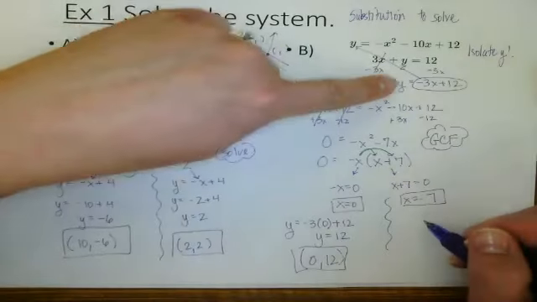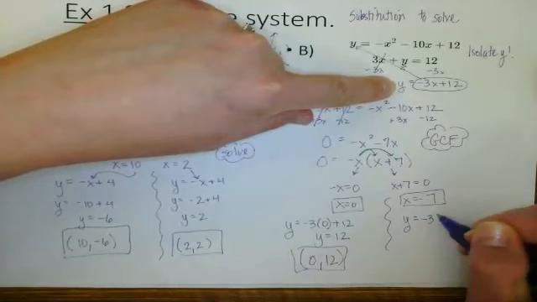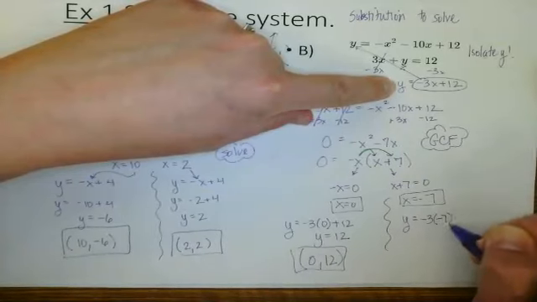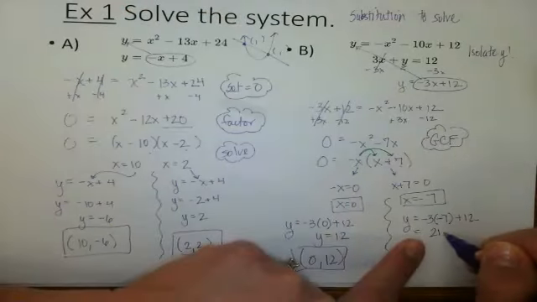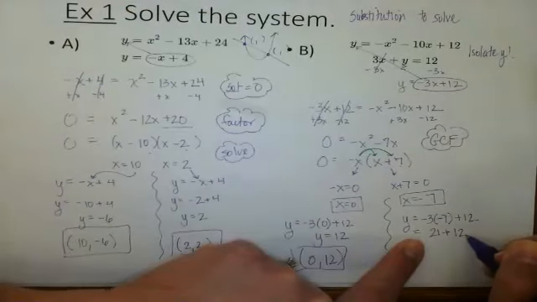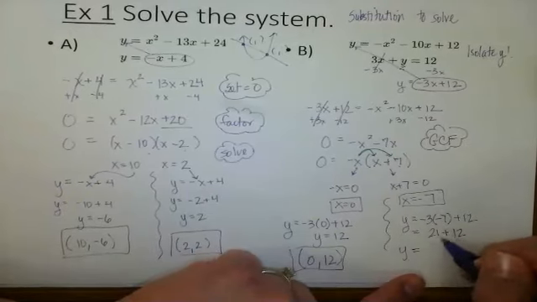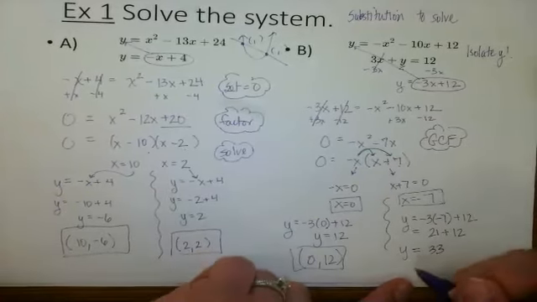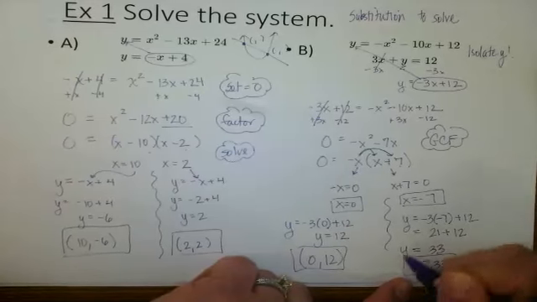Over here, plugging in to my y equation, we have negative 3 times x. My x in this case is negative 7 plus 12. That gives me 21 plus 12. And so I would get y equals 33. So we would have negative 7, 33 as an ordered pair.